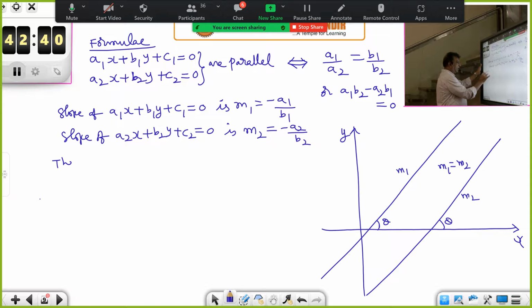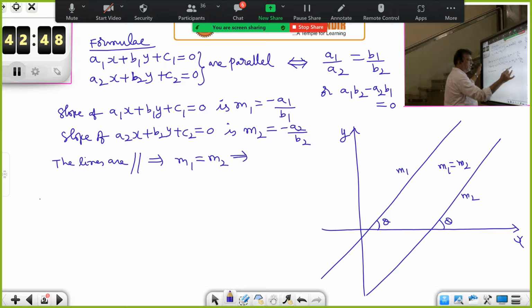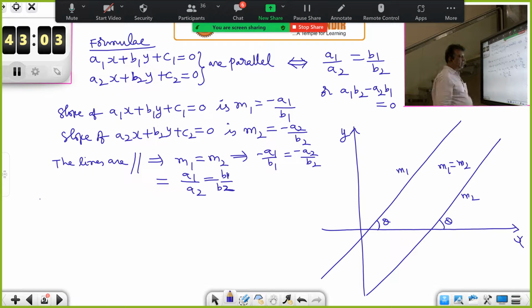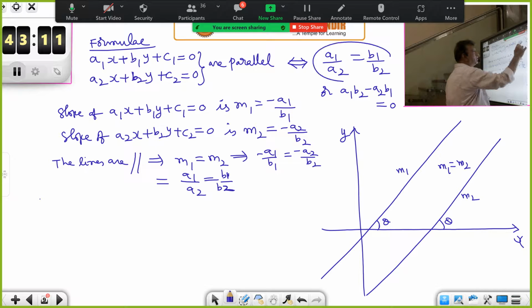Now suppose the lines are parallel. Implies m1 must be equal to m2. Implies minus a1 by b1 should be equal to minus a2 by b2. Implies a1 by a2 is equal to b1 by b2. The minus has cancelled and we have taken alternando. So we have proved this condition.